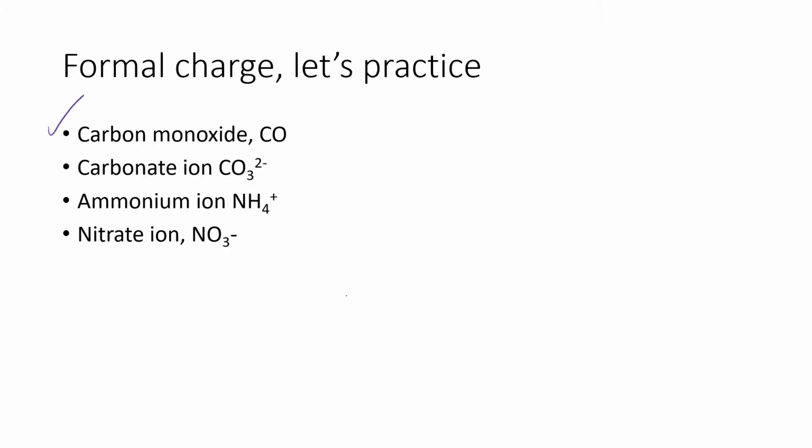We already dispensed with carbon monoxide, so now let's turn our attention to polyatomic ions, and we're going to start with the carbonate ion. So the carbonate ion, one thing I want to bring to your attention is when you have a negative charge, you have to add electrons to your valence electron total.